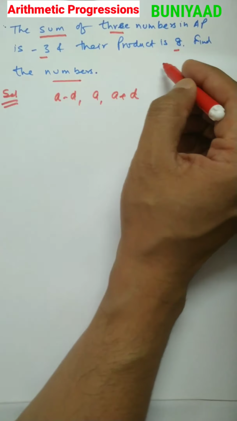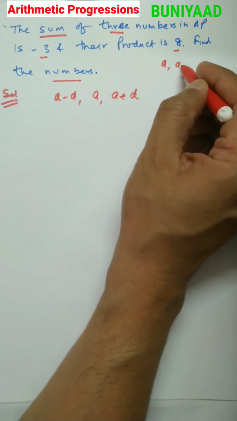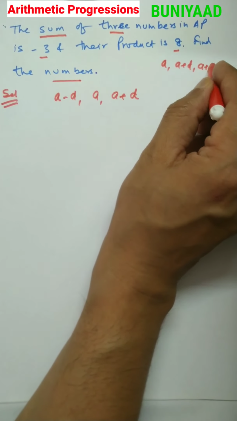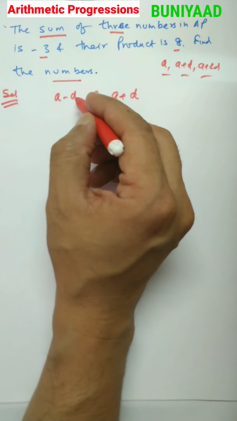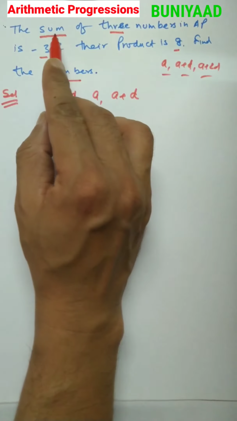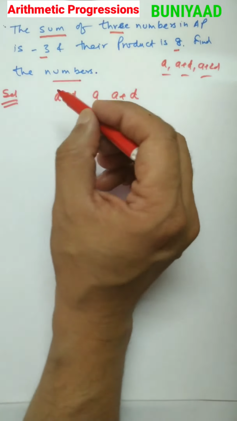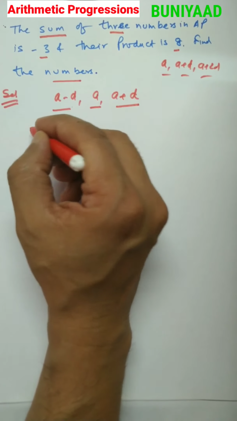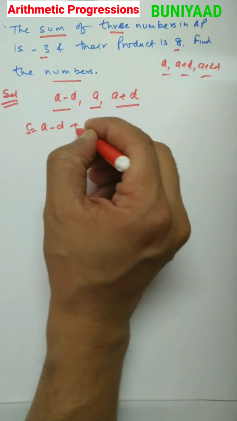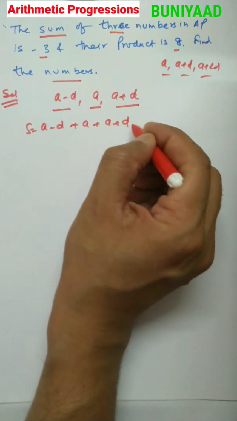Otherwise you can have the three numbers in AP as a, a plus d, a plus 2d. But if you have to consider three numbers and their sum is given in any problem, we will consider these three numbers. You know why? Because their sum is given.